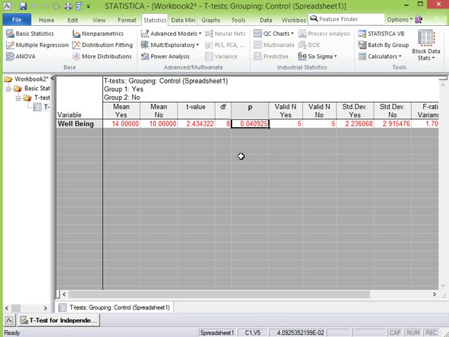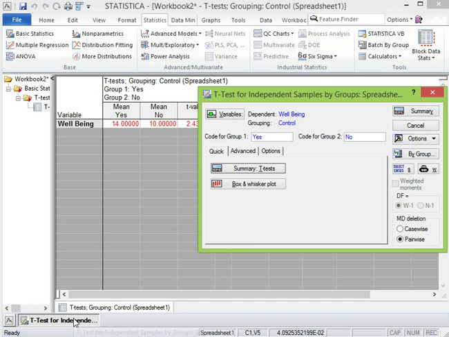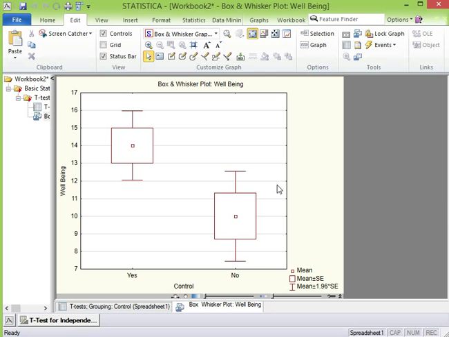Okay. Now, if you'd like to see it visually, you can click this tab, Box-and-Whisker Plot, and there. So you can see that this represents the well-being of those who were given control, and this represents the well-being of those who were not given control.